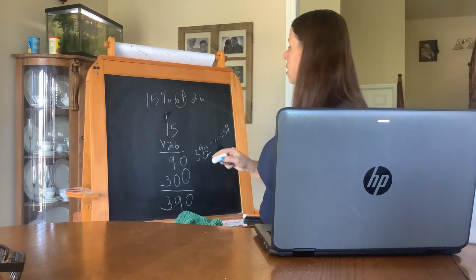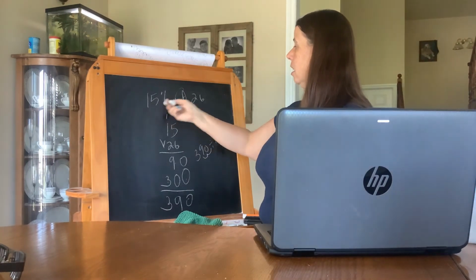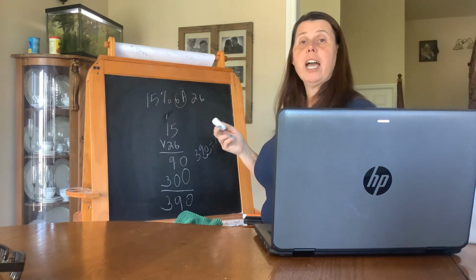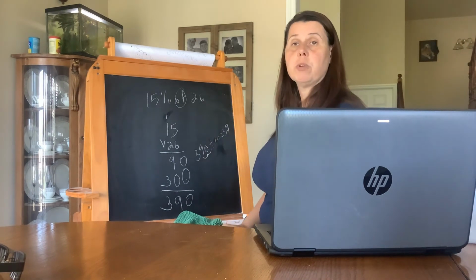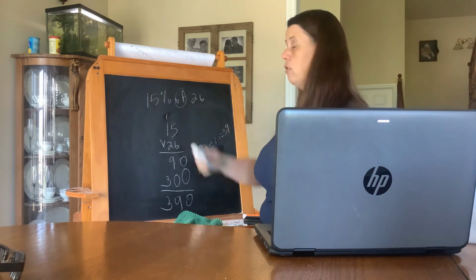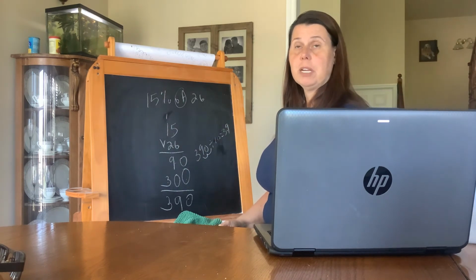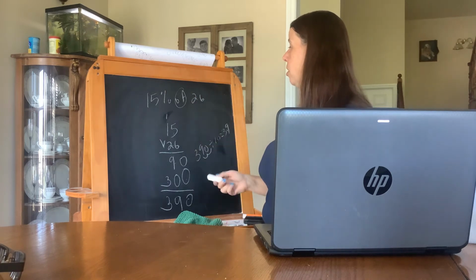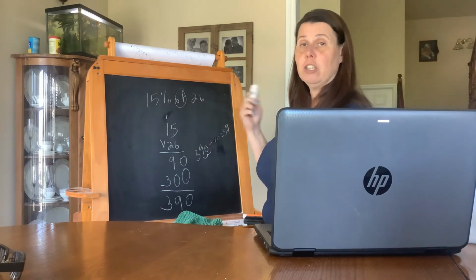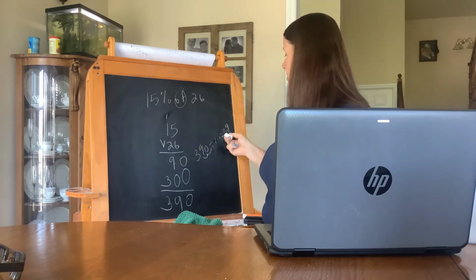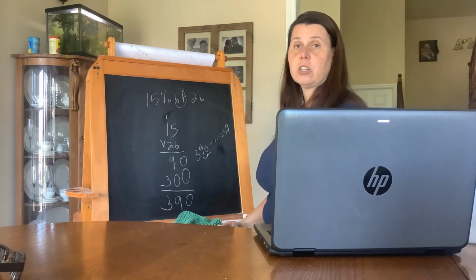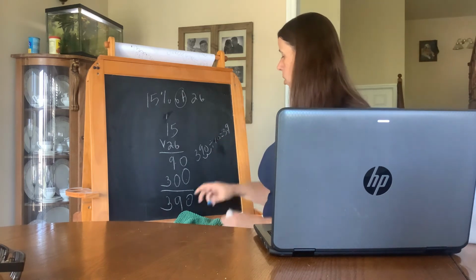Now, 15% of 26. Let's try the half rule. Half of 26 would be 13. We're looking for 15%, which is going to be a lot less than half, right? So half would be 13, so we need to be a lot less than 13. 3.9 is a lot less than 13. So our check works.